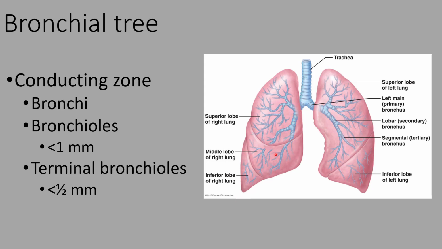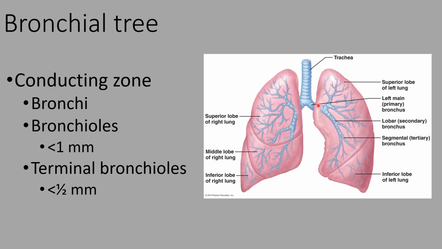On the right, we have 3 lobes. Here we have one secondary bronchus carrying air to the superior lobe of the right lung. Here we have a secondary bronchus carrying air to the inferior lobe of the right lung. And here we have a secondary bronchus carrying air to the middle lobe of the right lung.